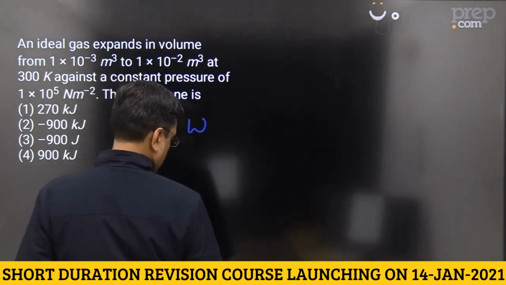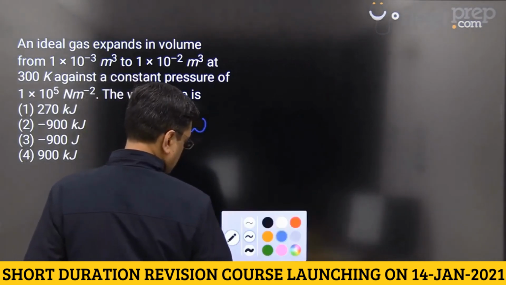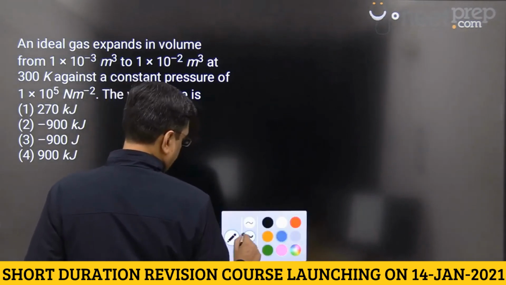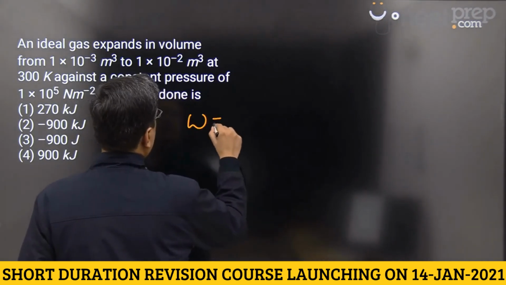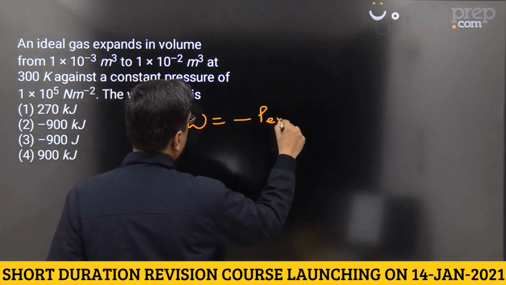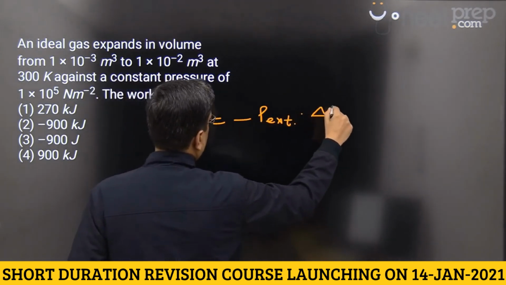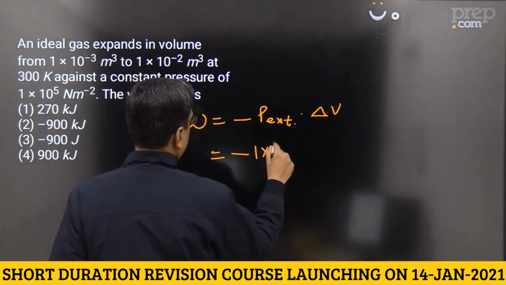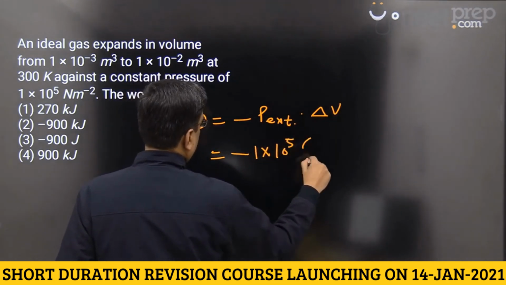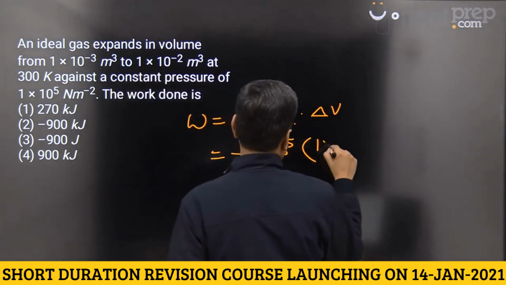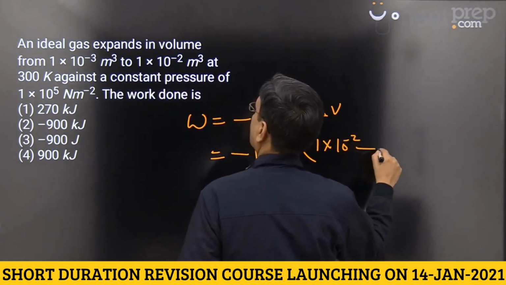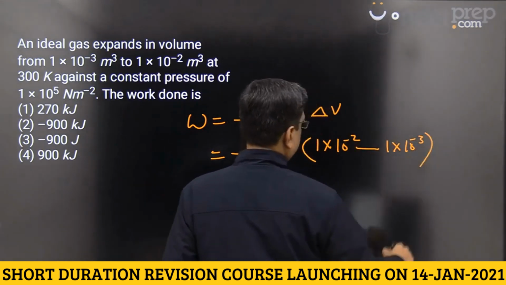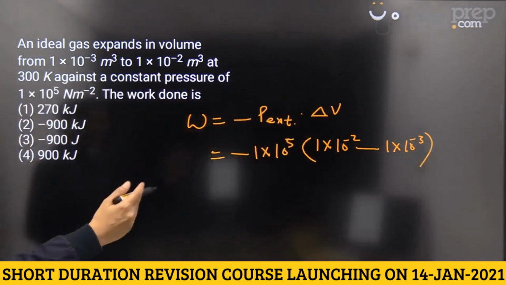Work done is equal to minus P external into delta V. Here minus 1 into 10 power 5. Delta V is 1 into 10 raised to the power minus 2 minus 1 into 10 raised to the power minus 3, final minus initial.